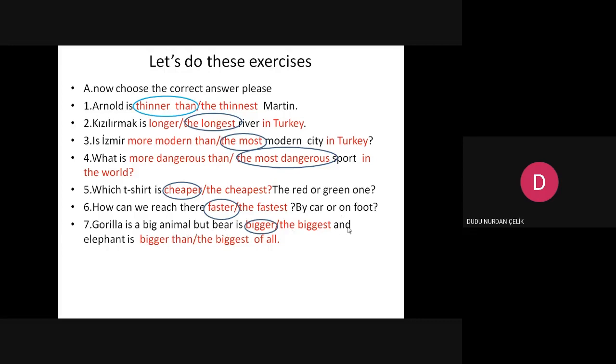And the rest of the sentence, we say elephant. Okay, and now we compare gorilla, bear, and elephant. Three of them. So this is a group of three. And we say elephant is the biggest of all.